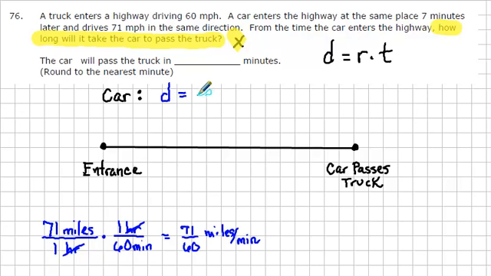Alright, so distance is equal to the rate 71 divided by 60 multiplied by time. Well, it takes x minutes for the car to pass the truck, so distance is equal to 71 over 60 times x.